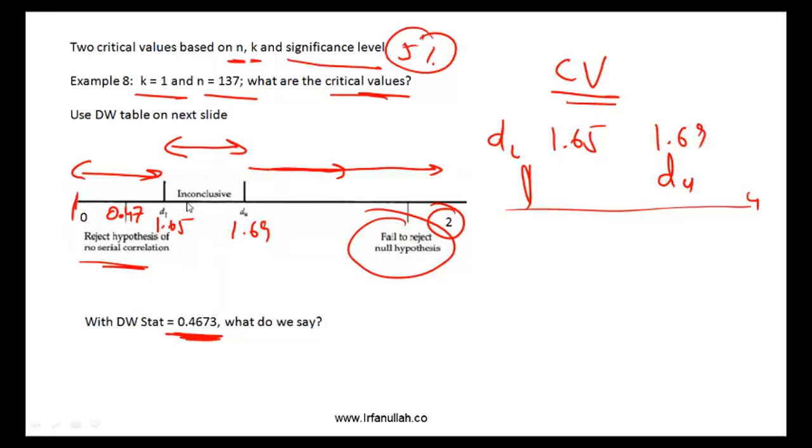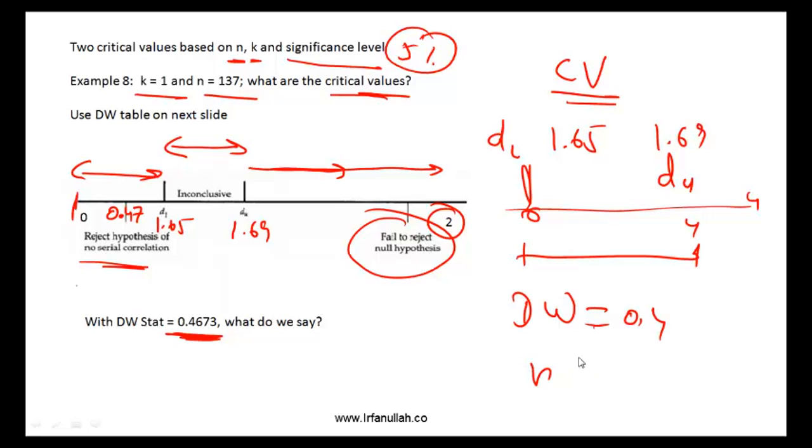If the DW stat is low, then you can say that there is serial correlation. A low number means high r. Remember, a low DW number, what do I mean by low? What do we mean by low for DW? DW, remember, is between 0 and 4. So low means close to 0. So if DW is closer to 0, so it's 0.4, does that mean that r is high or low?